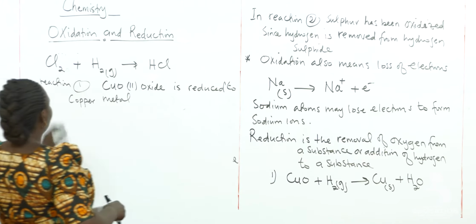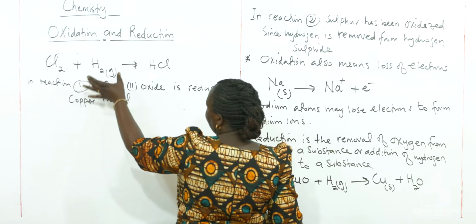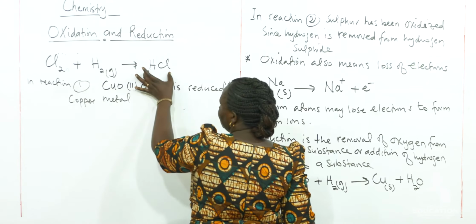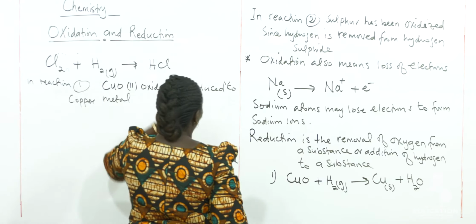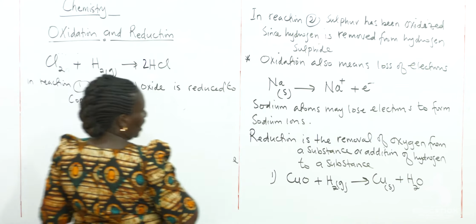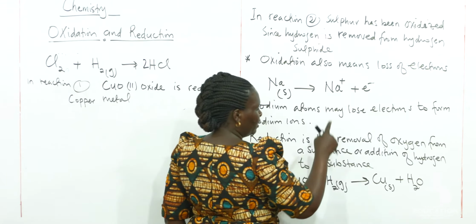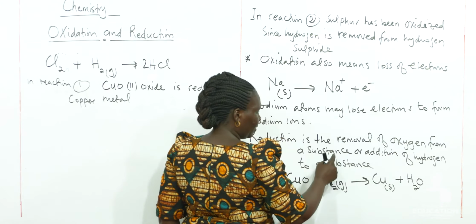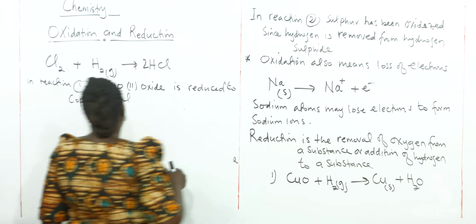Then in reaction number 2, we have chlorine molecule. Hydrogen is added to chlorine to give us hydrogen chloride. As I mentioned, reduction is the removal of oxygen from a substance or addition of hydrogen to a substance.